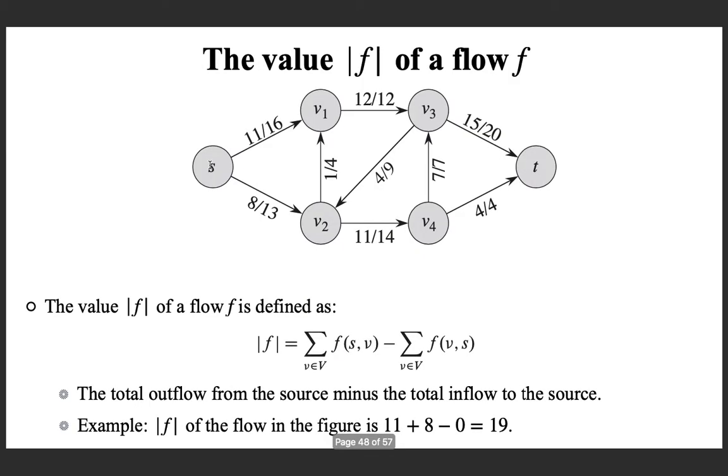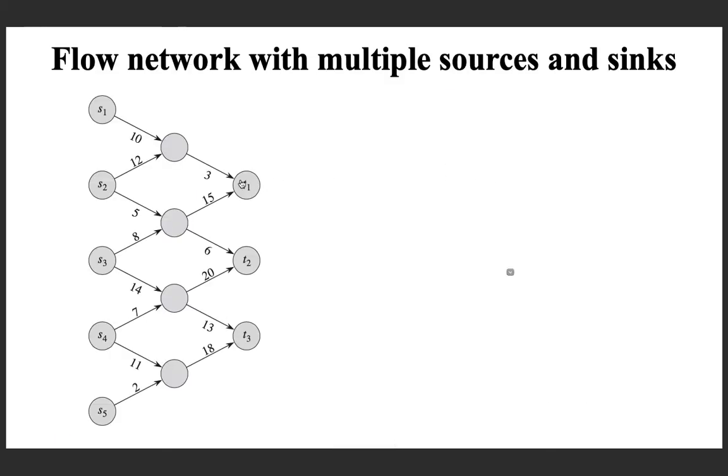Now, till now we have seen a network where only a single source vertex and a single sink vertex are there, and you can have a situation where you have a number of production units at different places for a company, and also different sinks may be there, different destinations or different shipping stations.